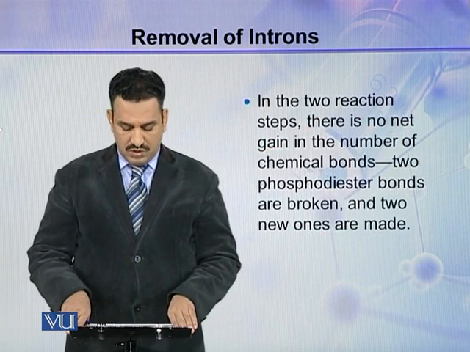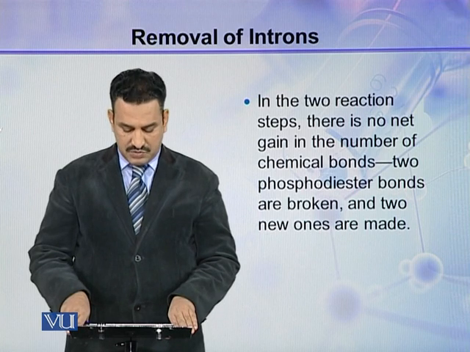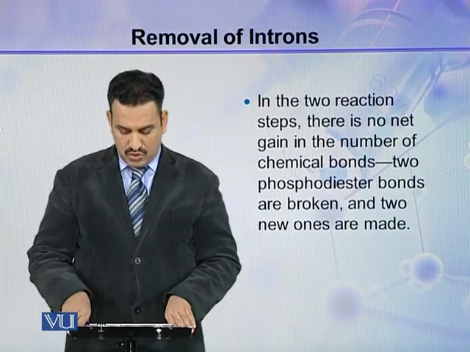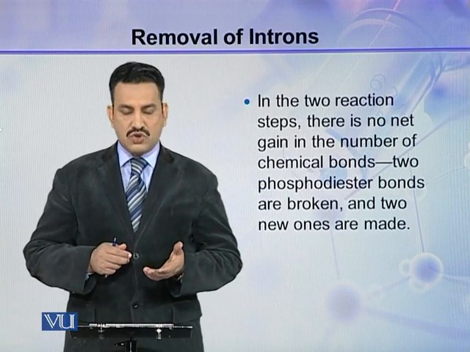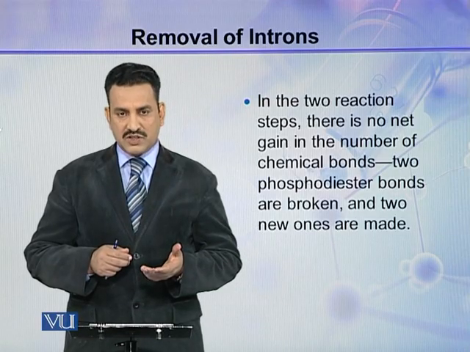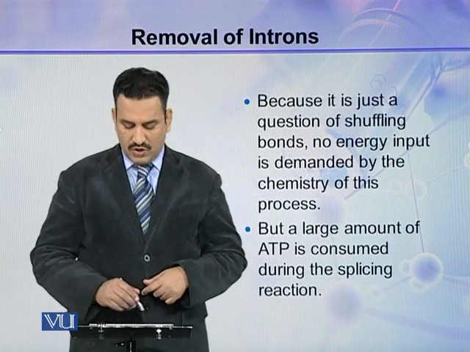In the two reaction steps, there is no net gain in the number of chemical bonds. Two phosphodiester bonds are broken and two new phosphodiester bonds are formed.